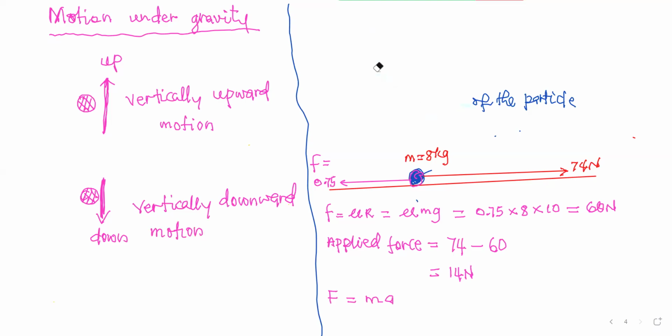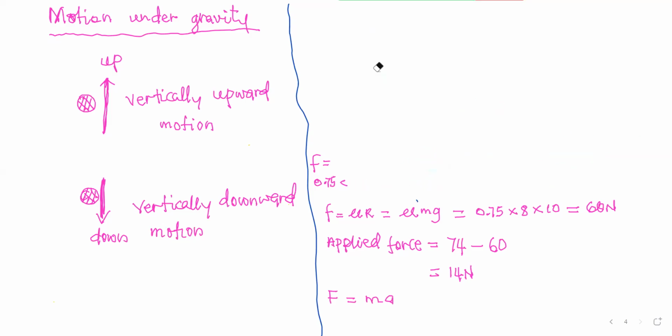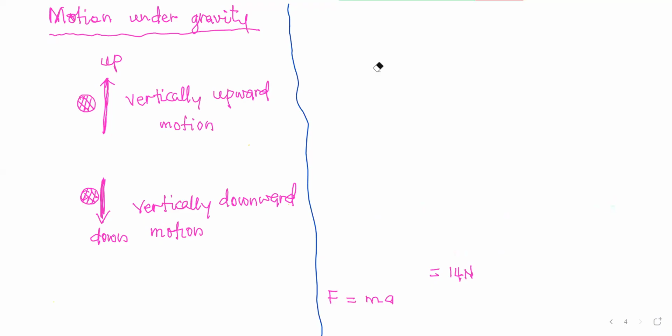We'll look at each one of these at a time, analyze it carefully, and look at how we can calculate. So let's begin with vertically upwards motion. If Asida holds an orange and you want the orange to move up, you can't just hold it and then see the orange going up.